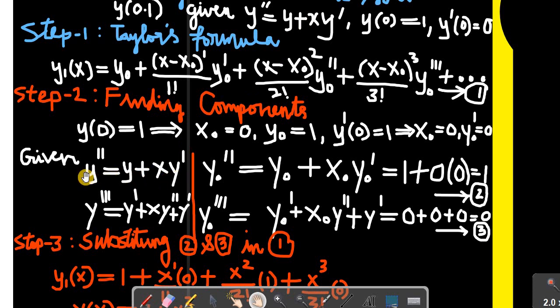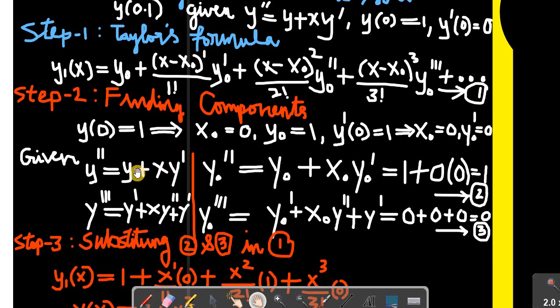Now what is the value of the second derivative of y when x naught equals 0? In the place of x naught we have to put 0. So that's what is done here. y naught double dash means the value of the second derivative of y when x naught equals 0.